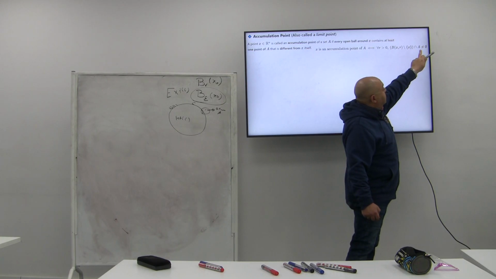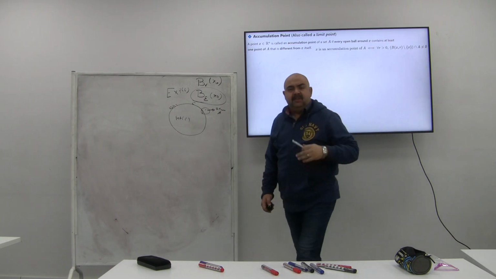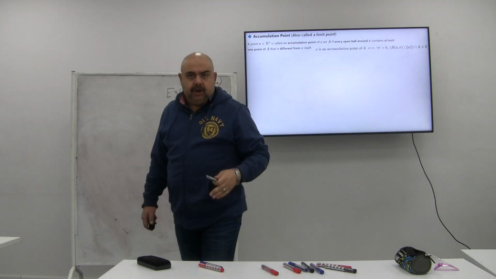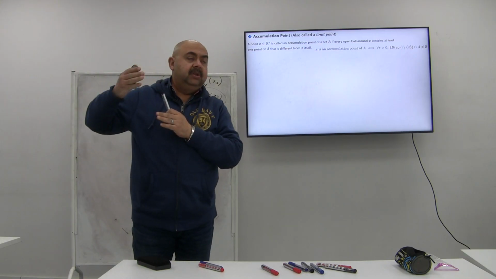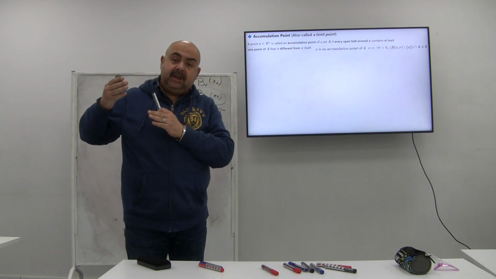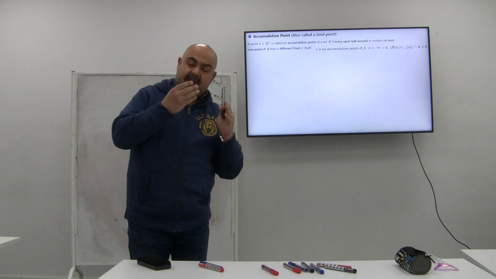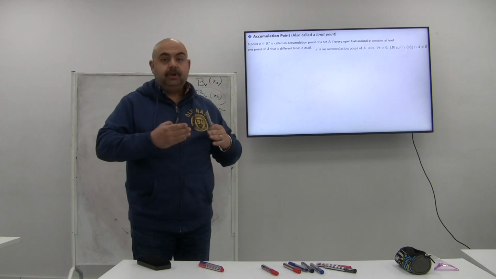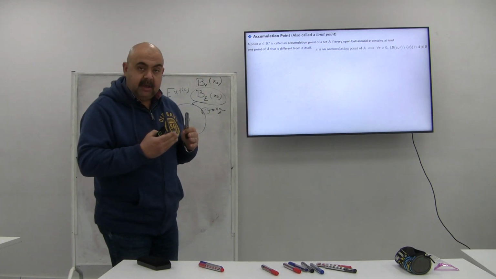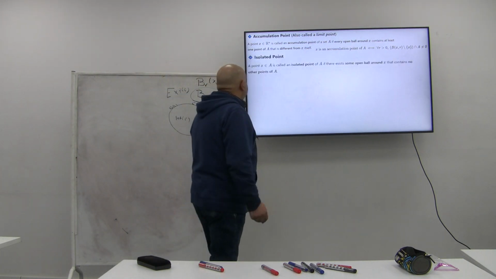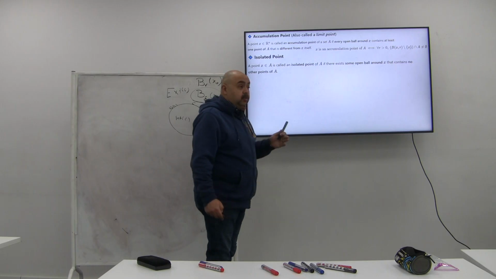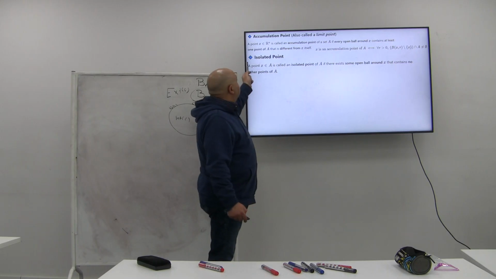Once we say it doesn't equal the empty set, there is an intersection, so they are sharing points. Which means if there are points in the neighborhood that, once you take a limit, tend to be inside or on the border of this set, then this is the accumulation point.